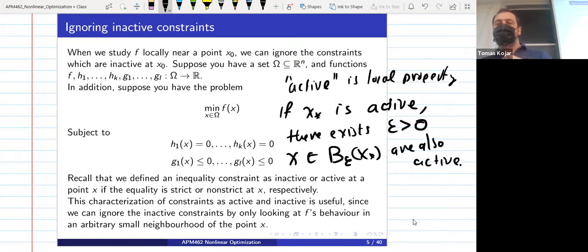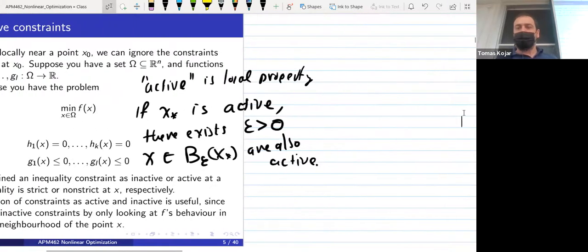Okay. And that's important because with derivatives, when you are looking for a local min, you only care about a neighborhood, right? Remember, for a local min, you just need an epsilon so that you have a local bump.